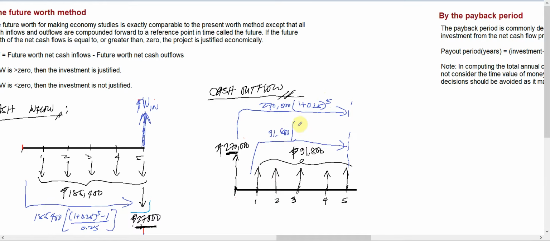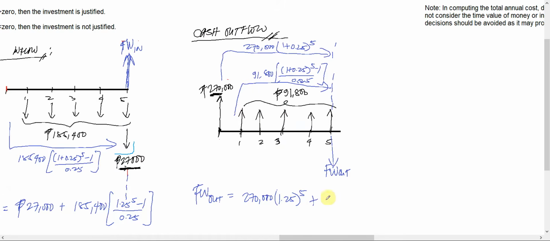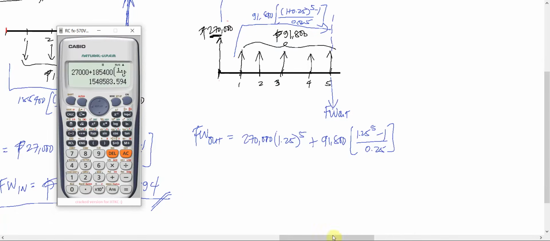91,800 times future worth 1 plus 0.25 raised to 5 minus 1 over 0.25. Okay? Lagyan na lang natin dito sa ilalim, future worth ni outflow. So, the future worth of the cash outflow will be equal to 270,000 times 1.25 raised to 5 plus 91,800 times 1.25 raised to 5 minus 1 over 0.25. Solve lang natin.